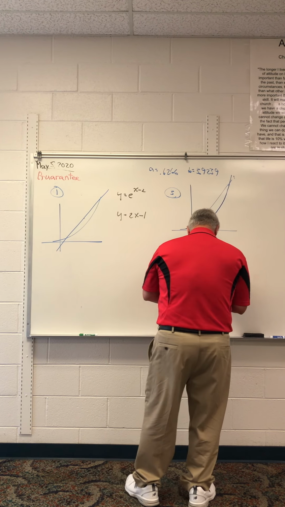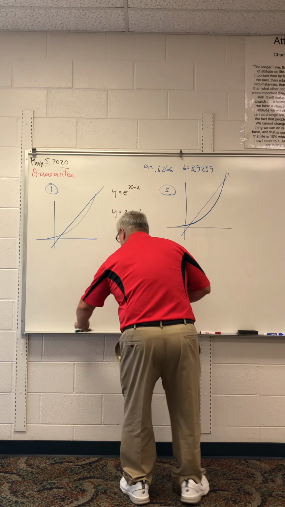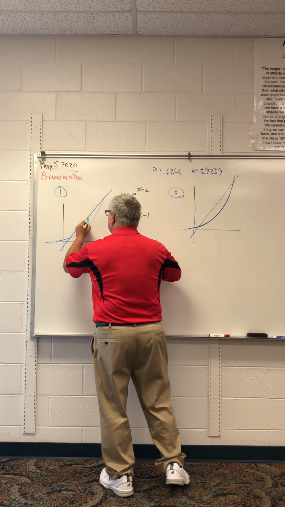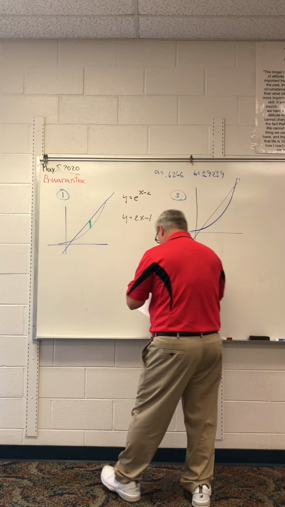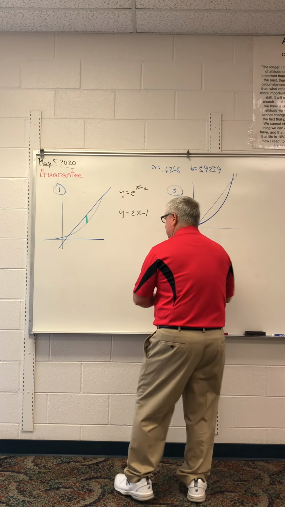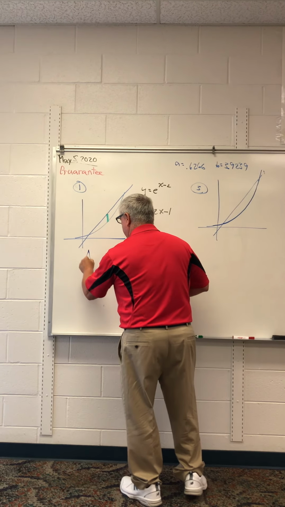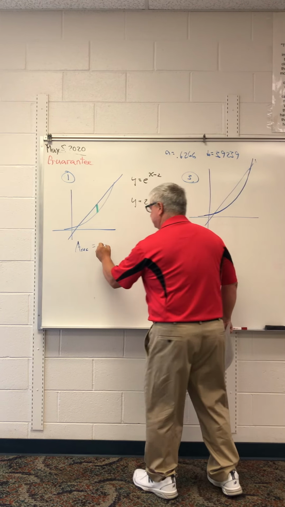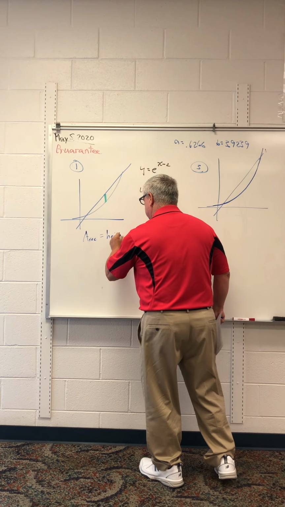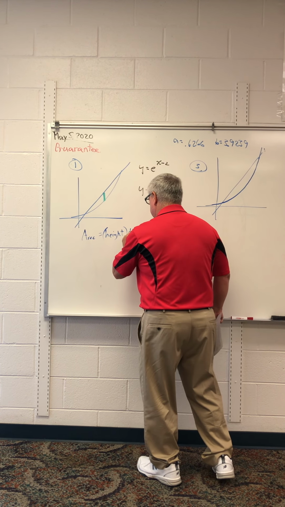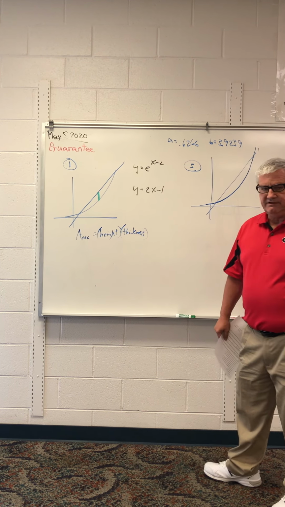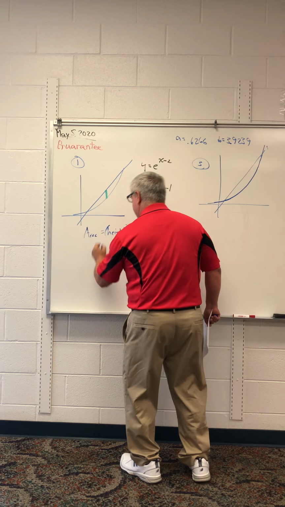So the first thing I'm going to do is slice it. Let's see if I can make a slice right here. That slice is a rectangle. So the area of the rectangle is simply the height times the thickness. The height of this rectangle is top minus bottom.